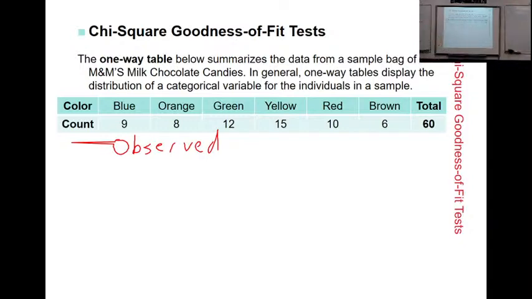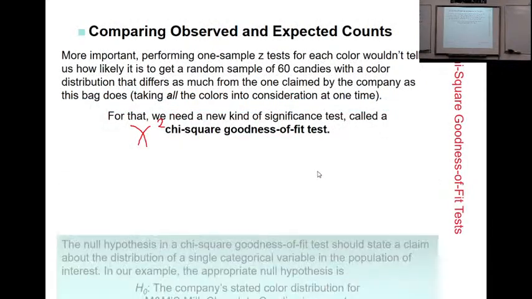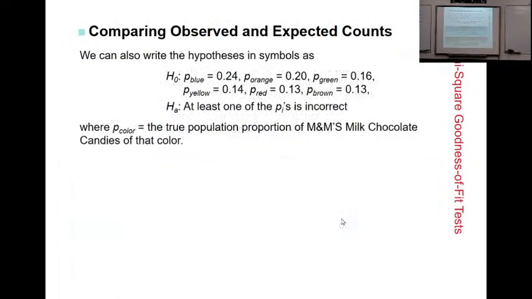To get our expected values, they come from these proportions. For example, if we have orange, we are expecting 20% of all the candies to be orange.